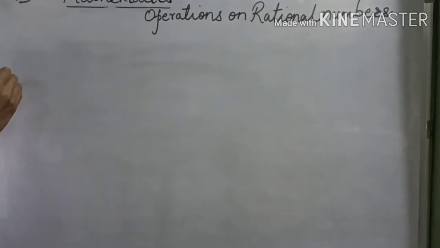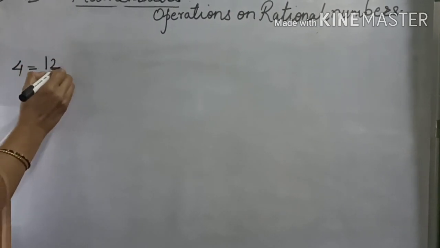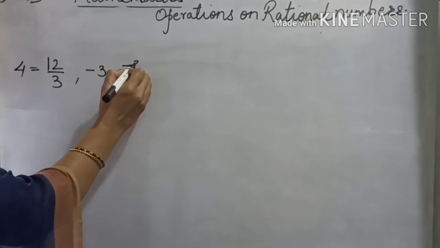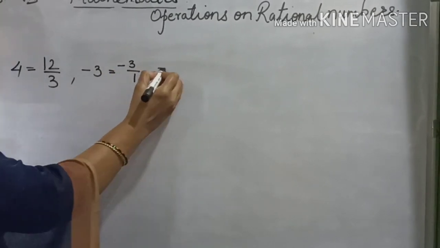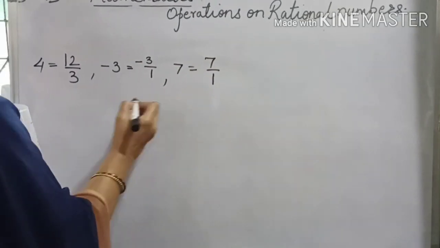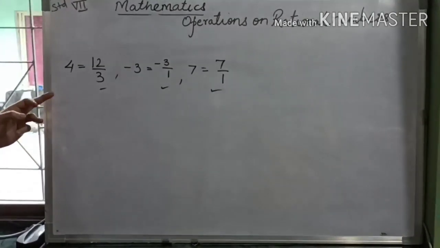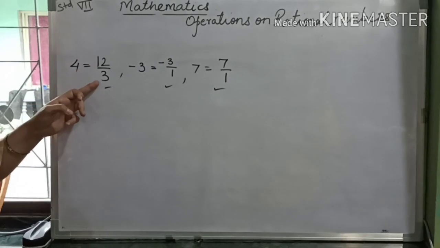Suppose 4. 4 means 12 upon 3. Minus 3, that is minus 3 upon 1. 7 upon 1. All these are rational numbers. So they are in the form of m upon n.